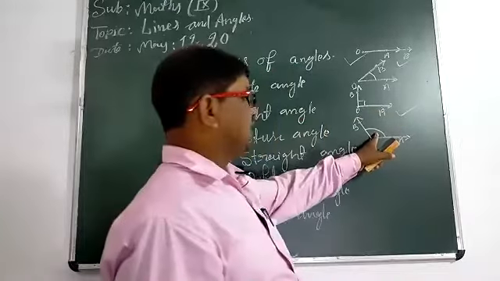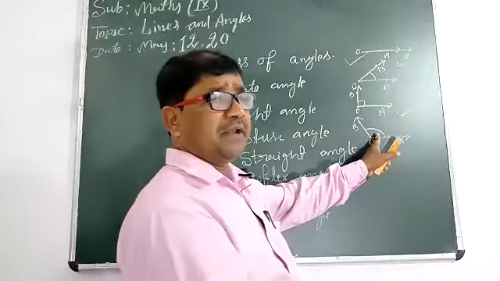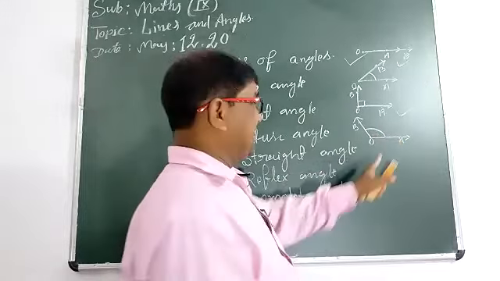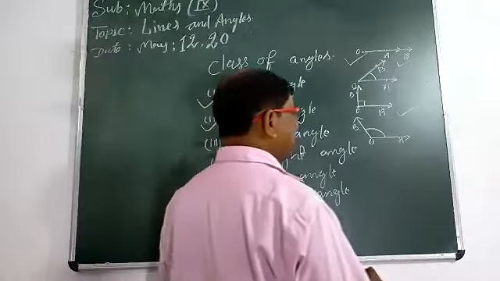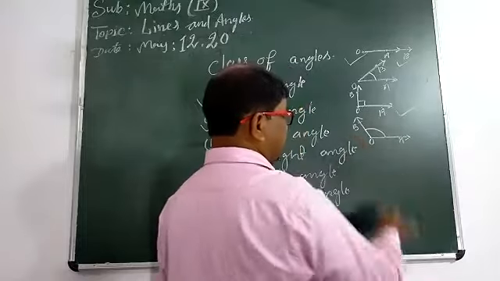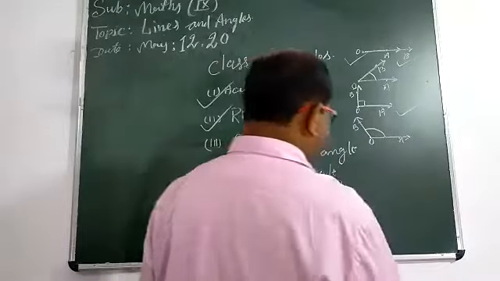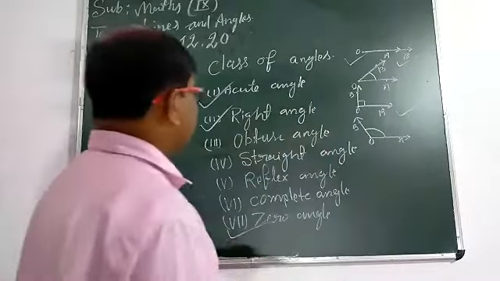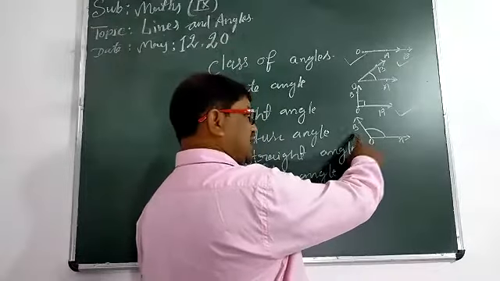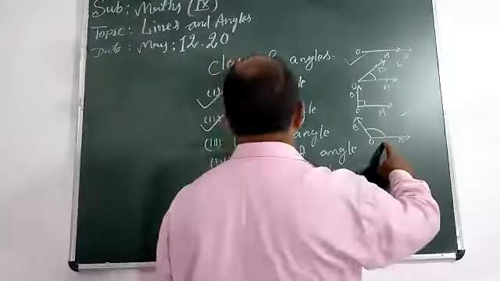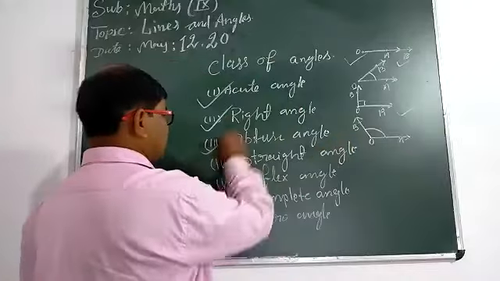Measurement of this angle is more than 90 degree and less than 180 degree. So measurement between 90 and 180. Take care. So that type of angle is called obtuse angle.